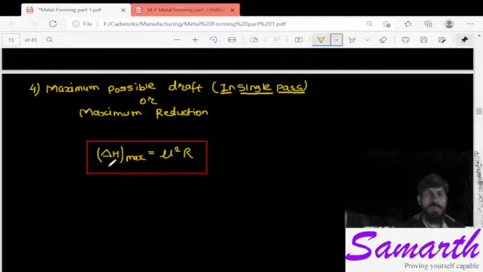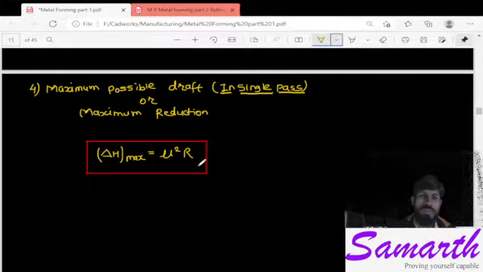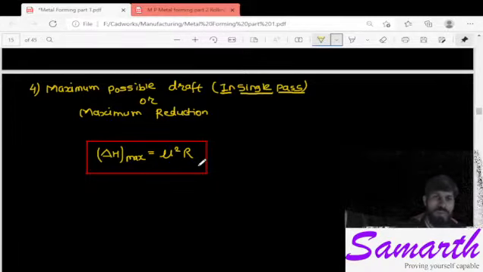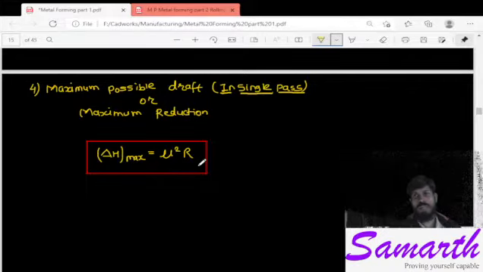So the maximum possible draft in a single pass, that means the maximum reduction, delta H, can be calculated from this empirical formula. This is obtained from experiments, and we need not derive it. If you are preparing for an exam like GATE, they will not ask.